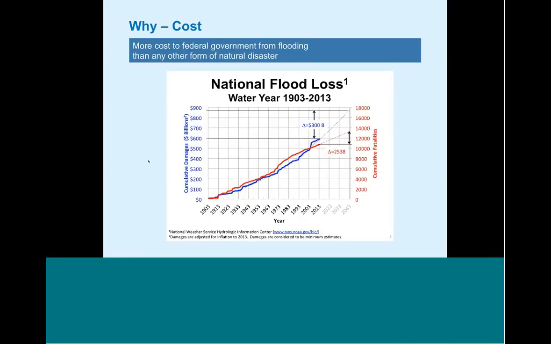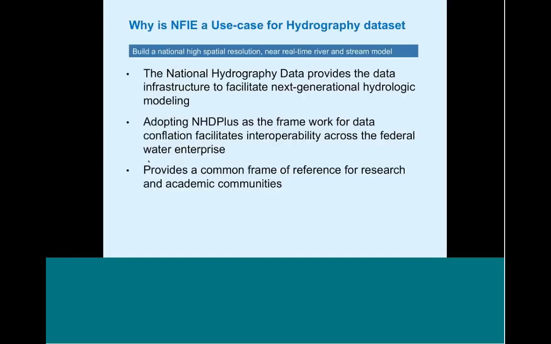To put that in perspective, $300 billion is greater than the cost of the national highway system throughout its 60-year development, and 2,500 fatalities are more than the fatalities of servicemen and women since the onset of 9/11.